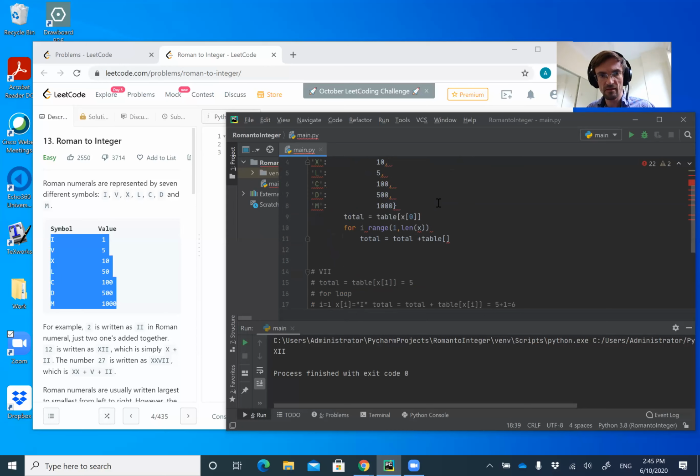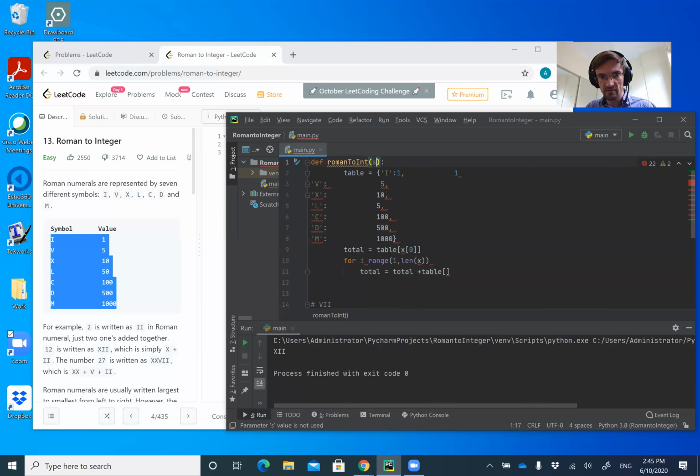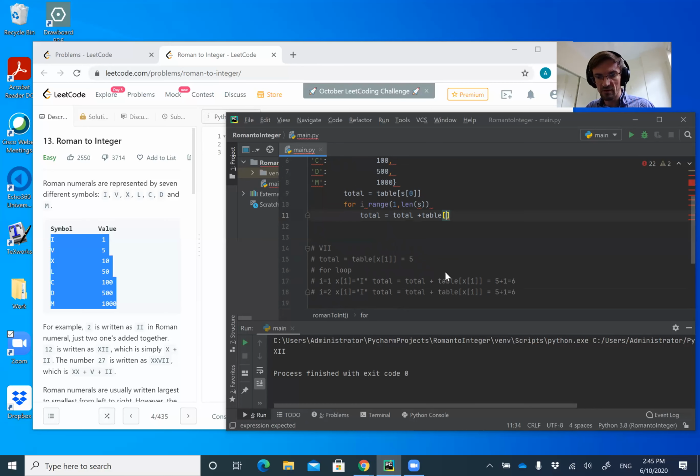Actually, wait a second, it's called s. So let's call it s. Table of s of i. And then return total.